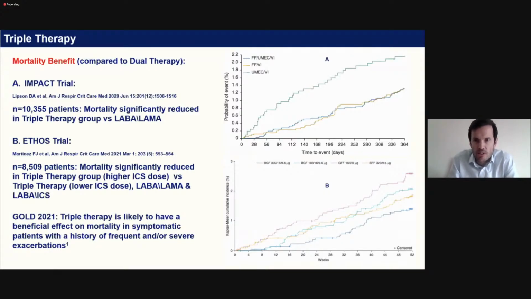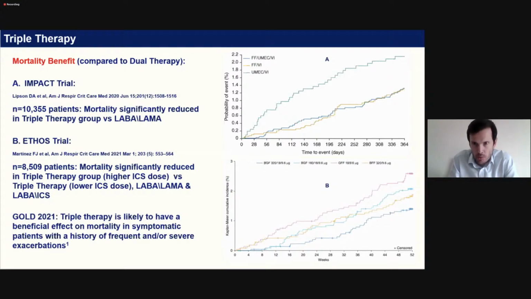Furthermore, recently published analyses of the IMPACT trial data and the large ETHOS randomized controlled trial, which had over 8,000 patients in it, provide further evidence that suggests that triple therapy with fixed dose inhaled triple therapy combinations actually reduces mortality compared with dual therapy.